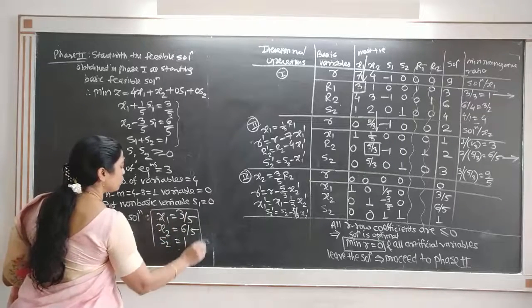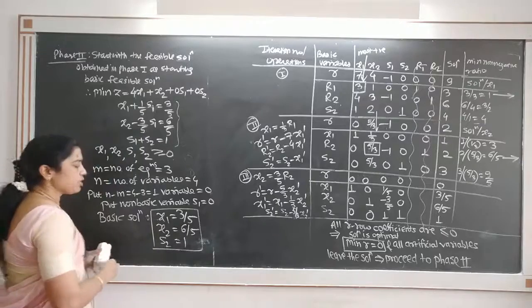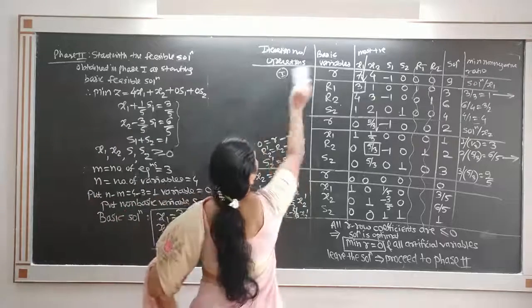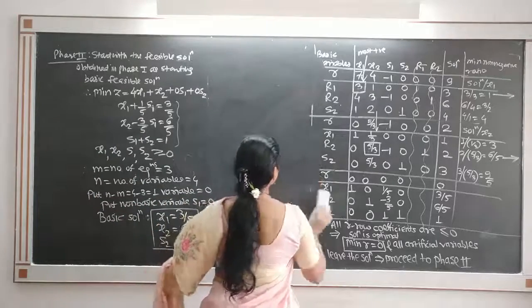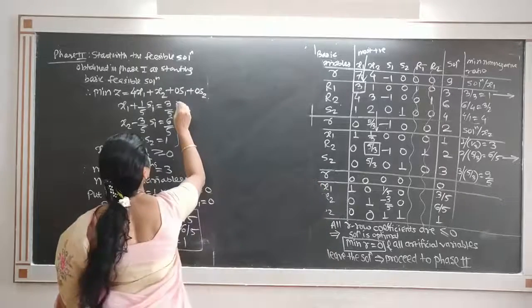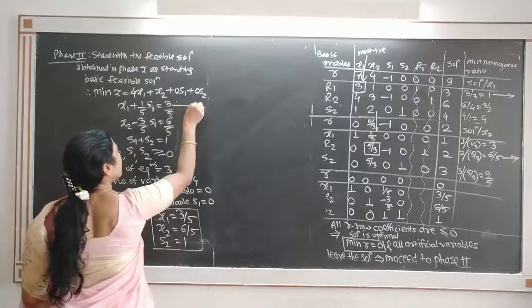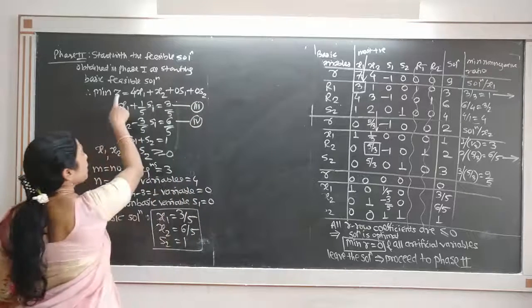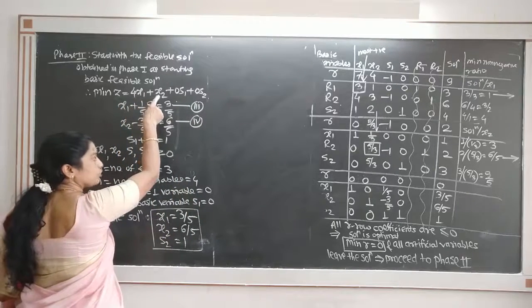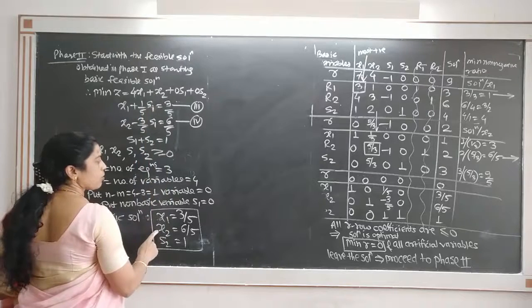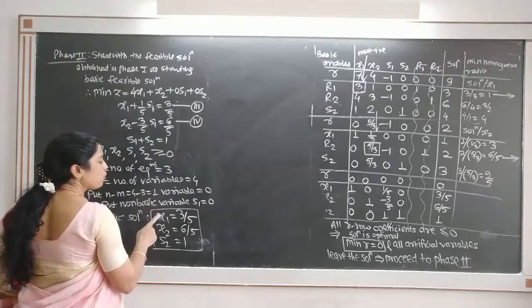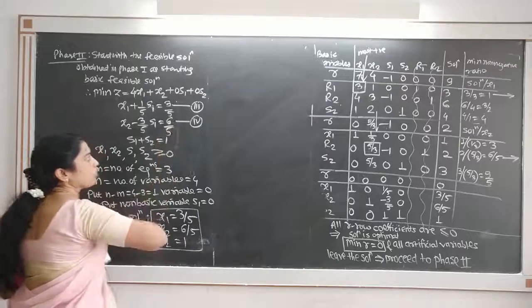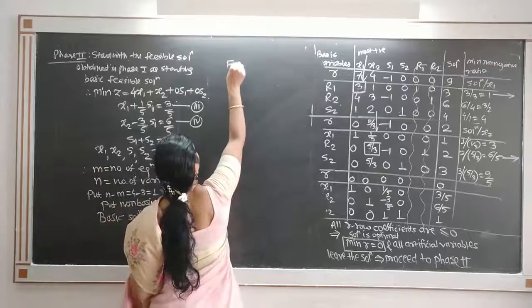Because we get a basic solution, we should find the values of these basic variables from the given equations. So I will number these as 3 and 4. Because these variables appear in the objective function and those are basic variables, always find the values of these basic variables from the equations.